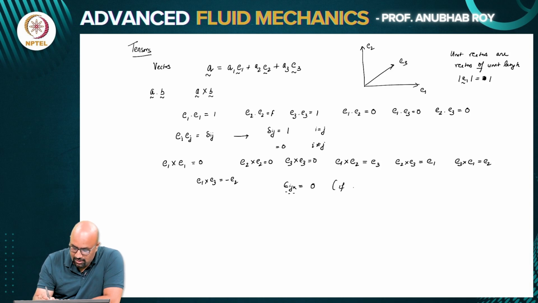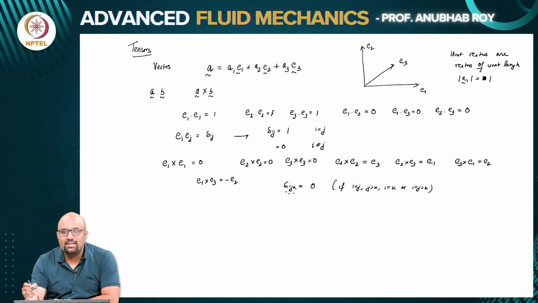So if either i equals j, j equals k, or i equals k. So if any of these cases were to occur, that i, j, k, you at least had 2 of them being equal to each other, this would pick up a value that would be equal to 0. So this is where i, j, k individually are going to run over 1, 2, 3. So I can take a value 1, 2 or 3, similarly for j, similarly for k.